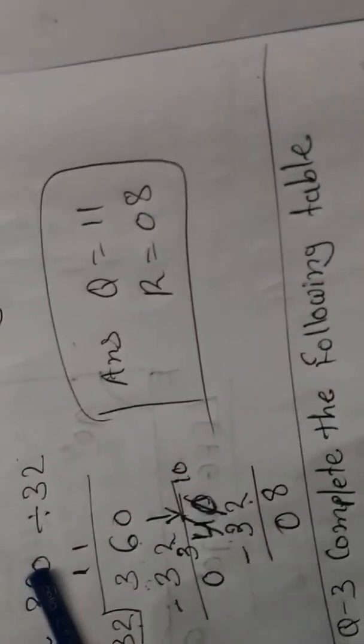In the second question, the dividend number is equal to 377. Divisor is equal to 19.